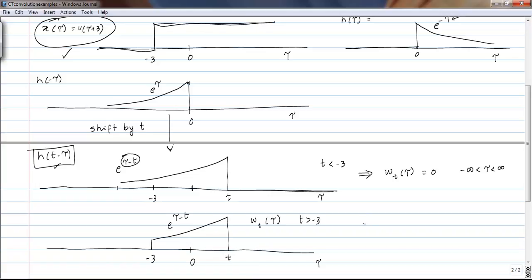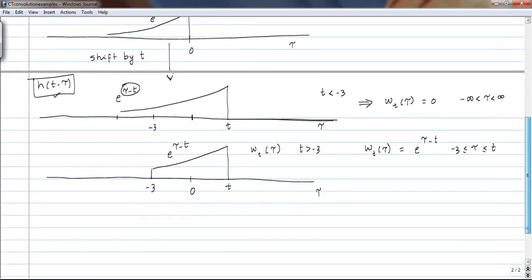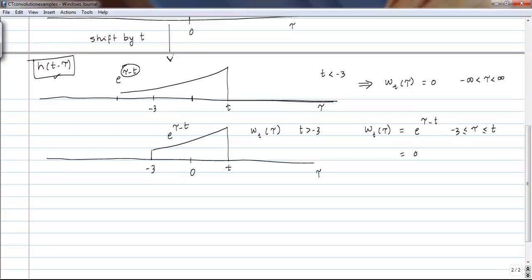So we can write this mathematically as w_t of tau is e raised to tau minus t for all values of tau between minus 3 and t, and it's 0 for other values of tau, either when tau is from minus infinity to minus 3 or from t to infinity.